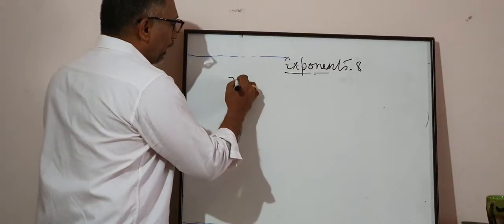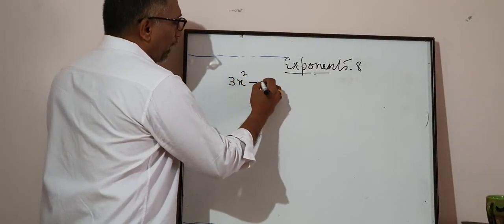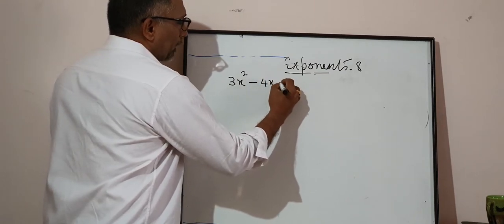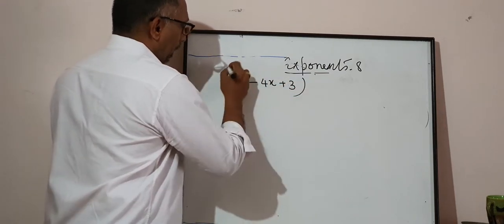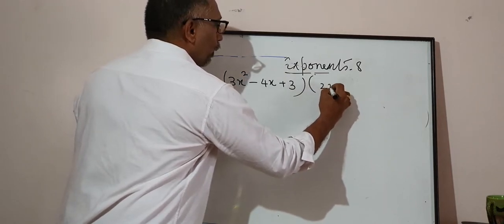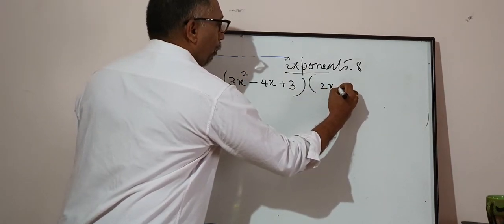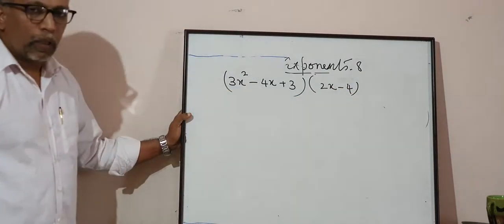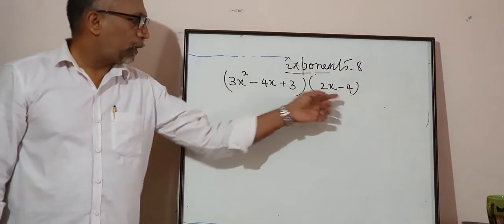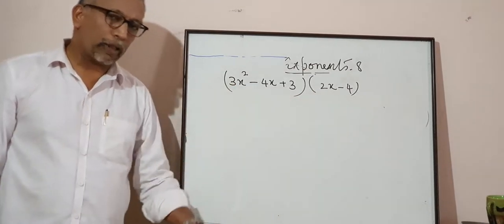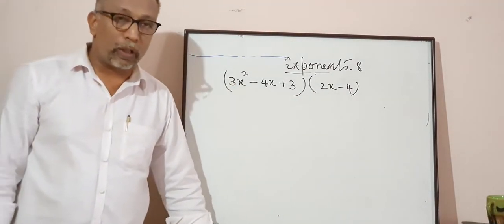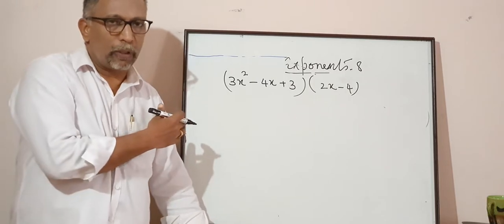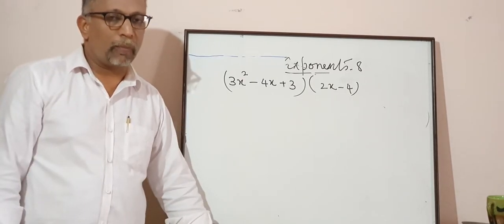So, (3x² − 4x + 3) times (2x − 4). This is multiplication of a polynomial by a polynomial. When you are learning the division algorithm, this type of multiplication comes very often.